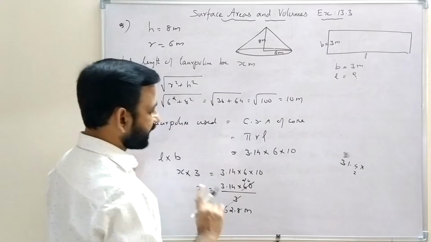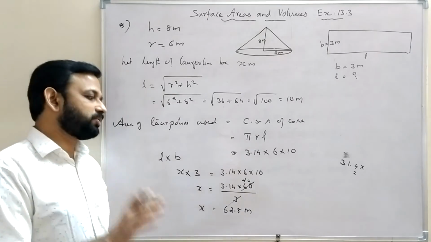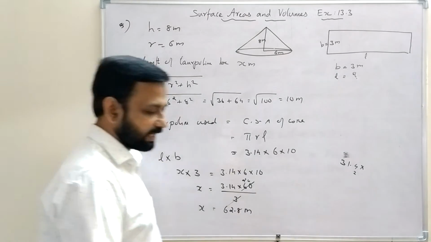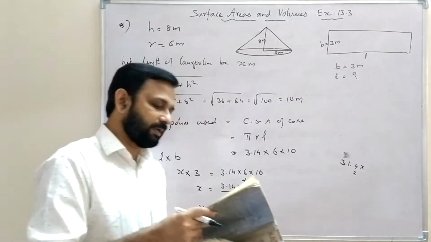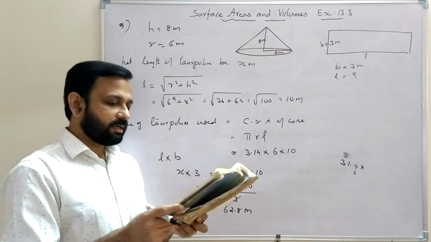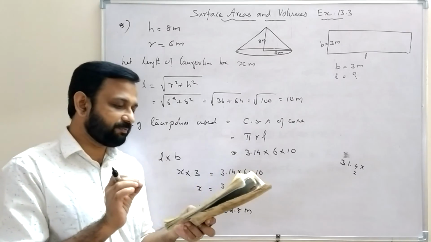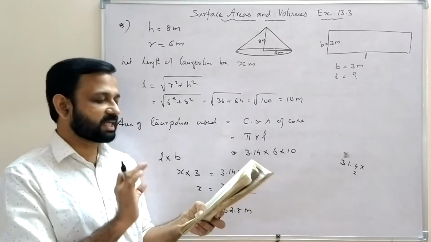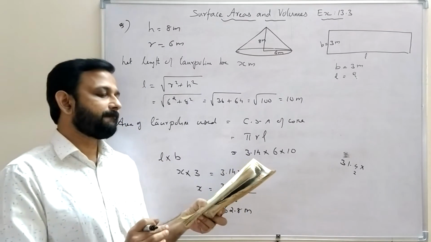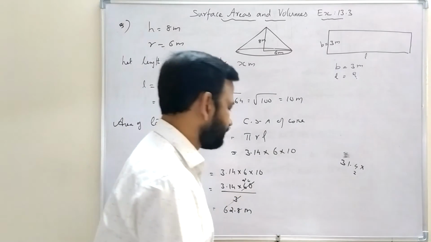So now we have the length of the tarpaulin, 62.8 meter. And here in the question it is given: assume that the extra length of material required for stitching, margins and wastage in cutting is approximately 20 centimeter.